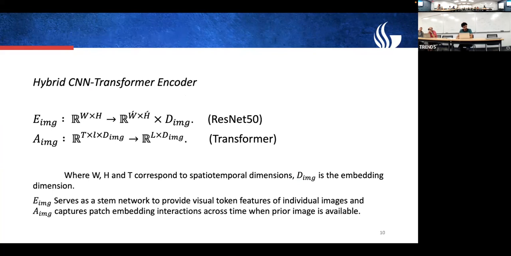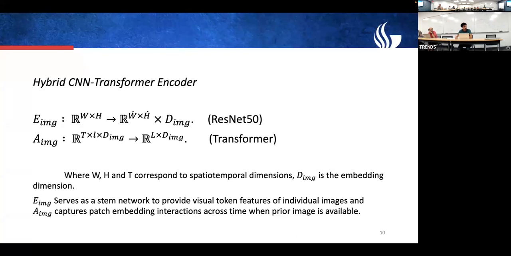So the encoder is basically a hybrid model. It has CNN and transformer-based architectures. In these two equations, the parameters W, H, and T correspond to spatio-temporal dimensions, and D is the embedding dimension. So E_MH is basically the encoding we get using the CNN-based model.